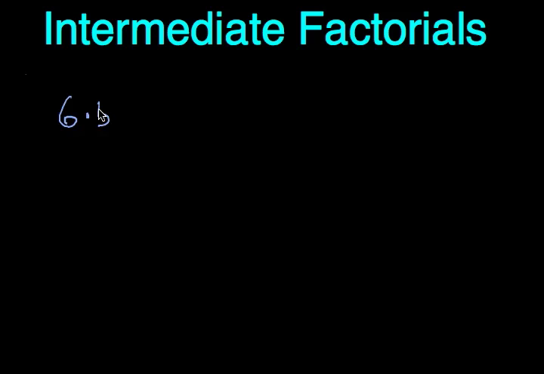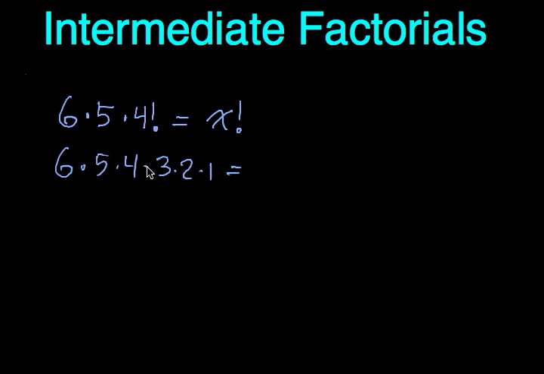6 times 5 times 4 factorial equals x factorial. And I hope you see what they're really asking for is, what is x? Well, 6 times 5 times 4 factorial, and again, let's just write it out longhand just to make sure you see the pattern. 4 factorial is 4 times 3 times 2 times 1.